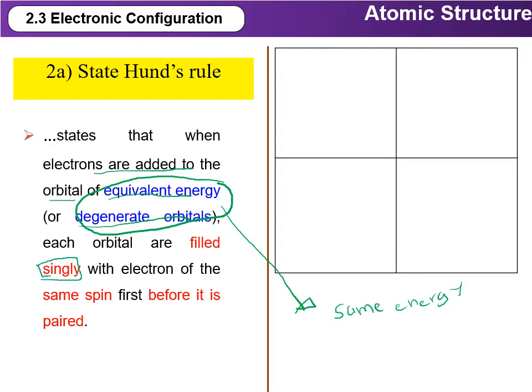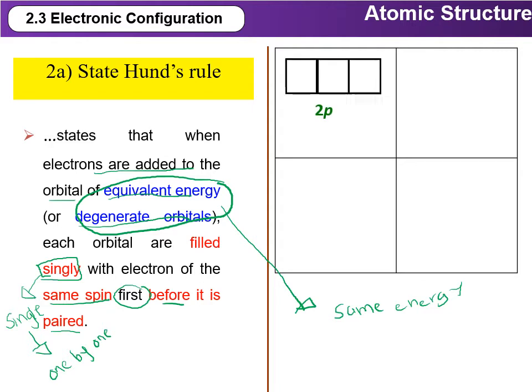This singly is from the word single. It means we have to fill the orbitals one electron at a time, of the same spin, first before pairing up.